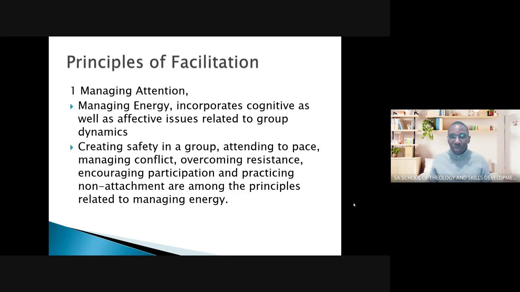You understand? Sometimes they are compelled to be in that class. They are not there because they want to. And in most cases, when we go into subsidized facilitation, where learners' fees have been paid by an individual, by government, or by an entity, then that learning is going to be very challenging if you do not manage attention.